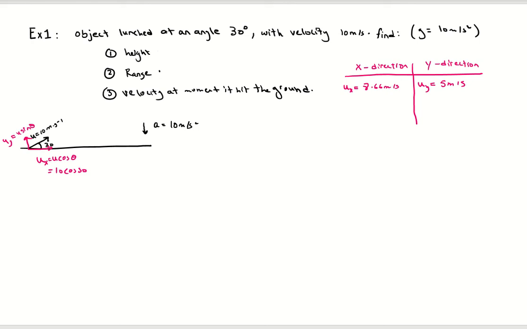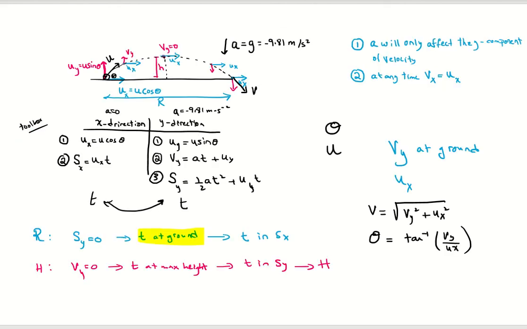It's done. I have found the initial velocity in the y component and the x component. The second thing is that I need to find the displacement in the x direction. It's equal to ux, which is 8.66, so ux t. Okay, so I'm done with these first two equations.